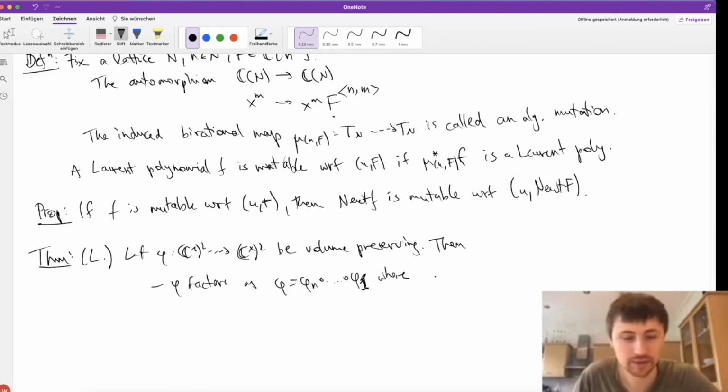And moreover, f k, which I define to be the pullback along the first k of these maps of f, is a Laurent polynomial.